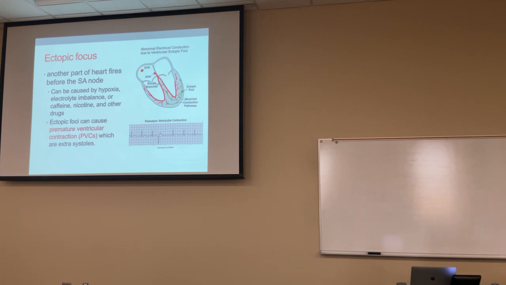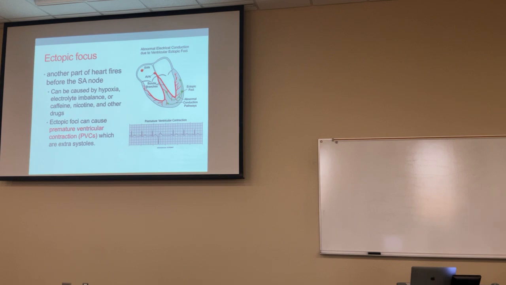What an ectopic focus is, it's a part of the ventricular wall that for some reason will spontaneously depolarize on its own. Now, any part of the ventricular wall can spontaneously depolarize on its own.